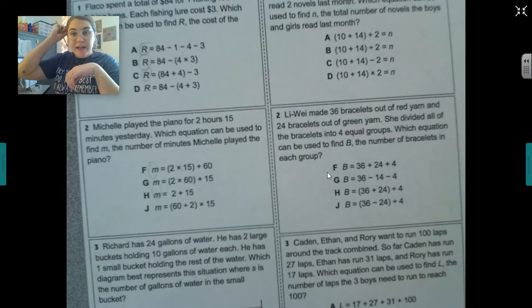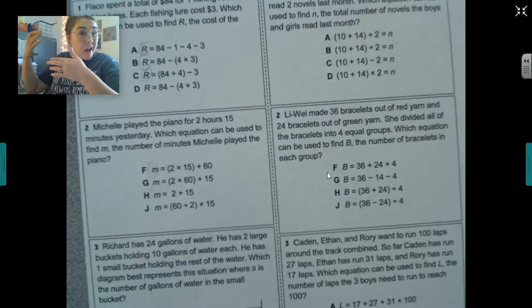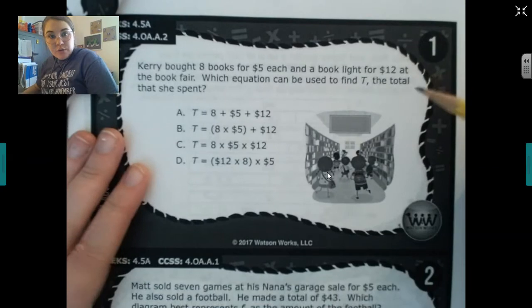So you have to find and write equations for these word problems with an unknown quantity, with a variable in them, and with some strip diagrams. So we're going to do some practice together today, and you are going to practice down below with a few practice problems, and we're going to do this for the rest of this week.